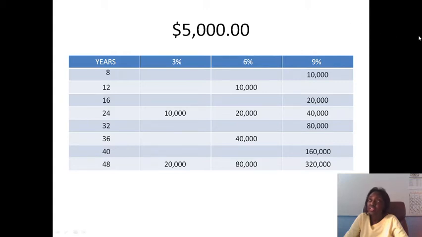So 5,000 becomes 10,000 in 12 years. 10,000 doubles again in 12 years to 20,000. 20,000 doubles again in 12 years and becomes 40,000. 40,000 doubles again in 12 years to 80,000.